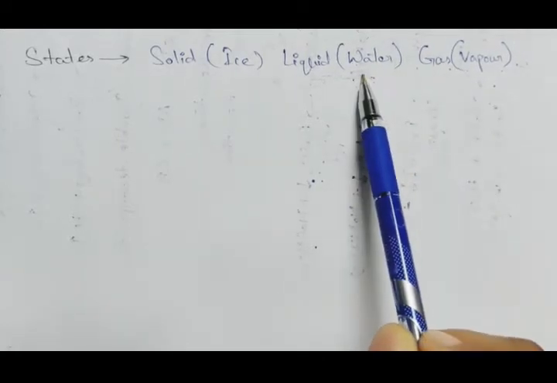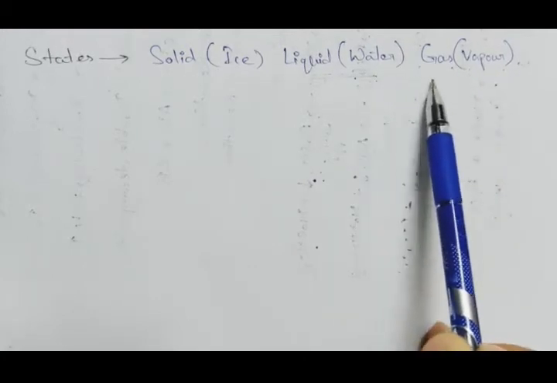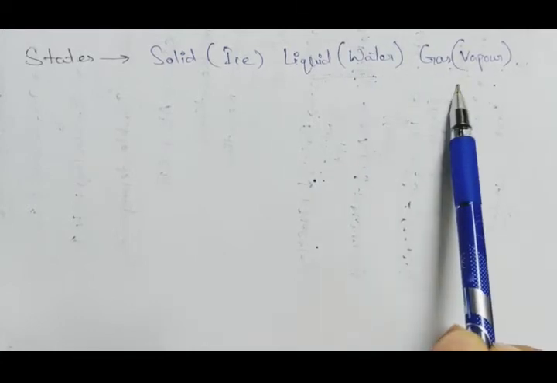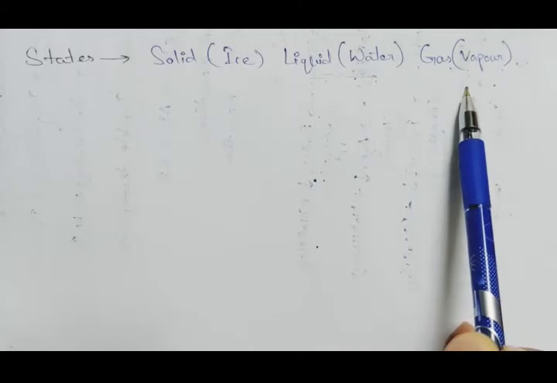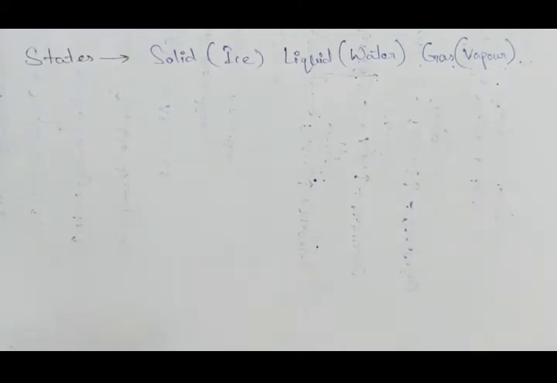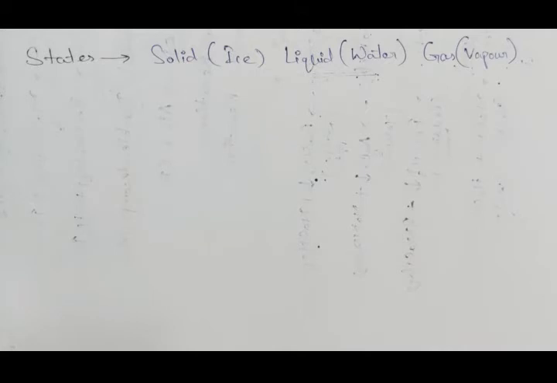So from liquid it will turn to gas, that is on increasing the temperature water will change its state from liquid to gaseous state. Okay, and during this gas formation, it is absorbing some energy. So that heat energy which is absorbed to change this state is called the latent heat of vaporization.